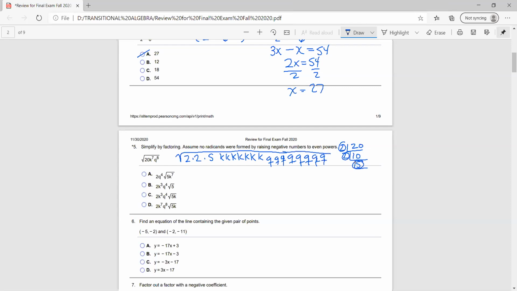Okay, so remember, we can pull out anything we have a pair of. So we've got a pair of 2's. We've got 1, 2, 3 pairs of k's. We can pull each one of those out. We've got 1, 2, 3, 4 pairs of q's that we can pull out.